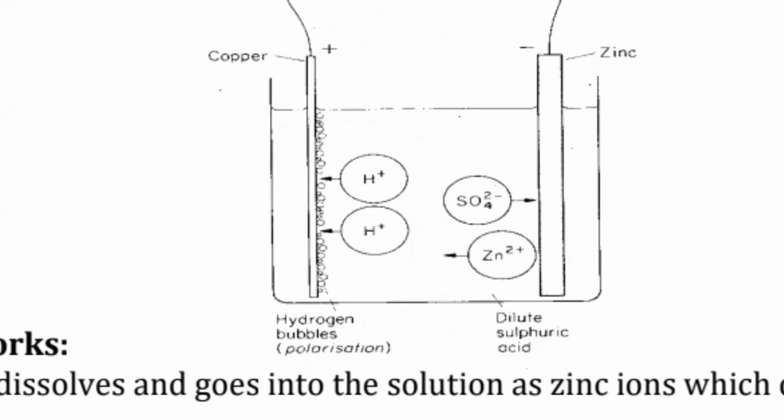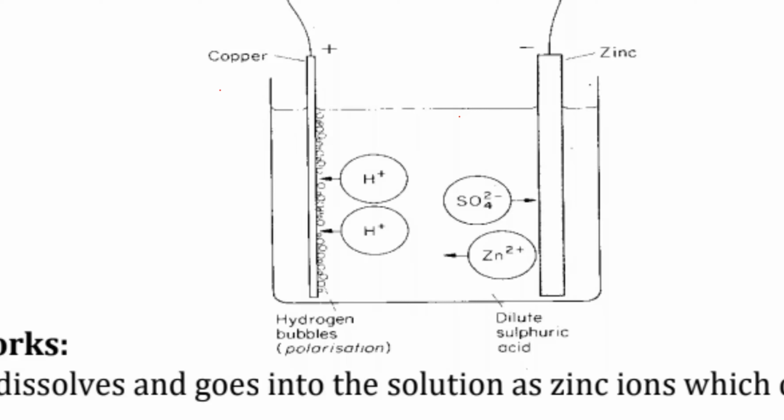These hydrogen ions form hydrogen gas, and bubbles develop around the electrode.